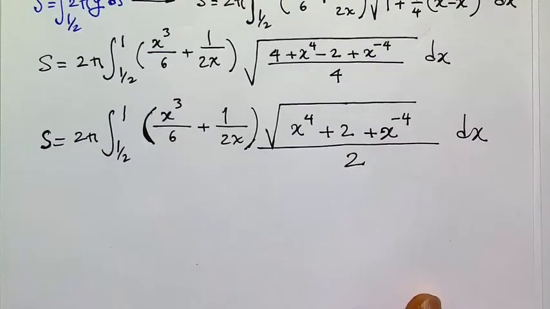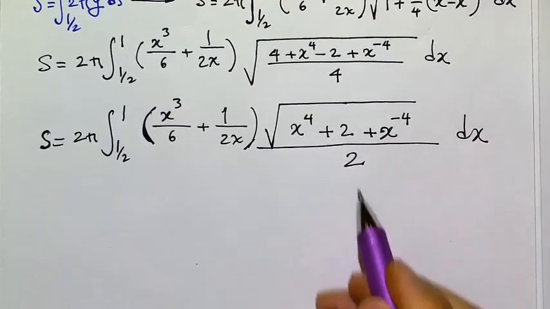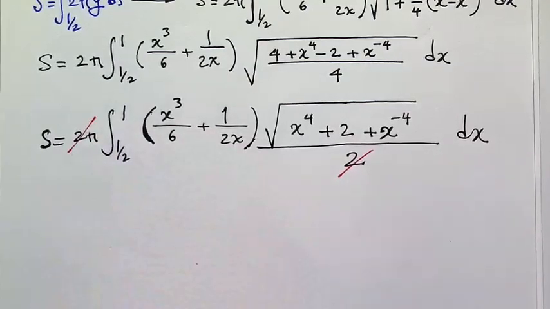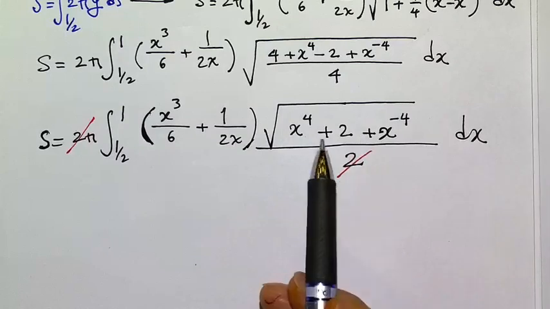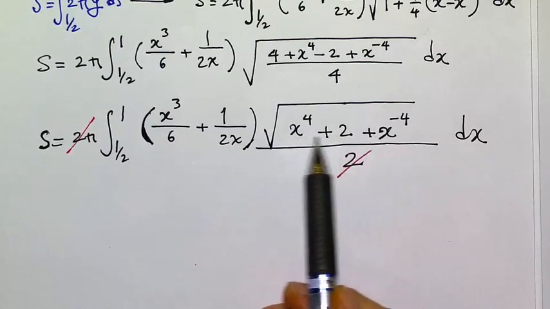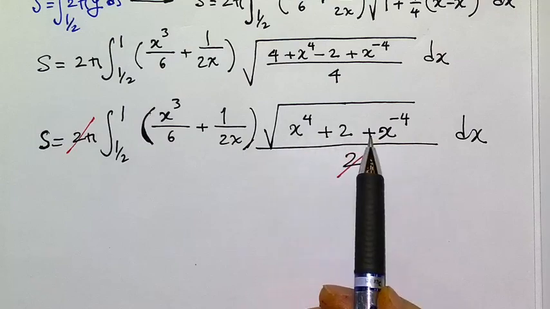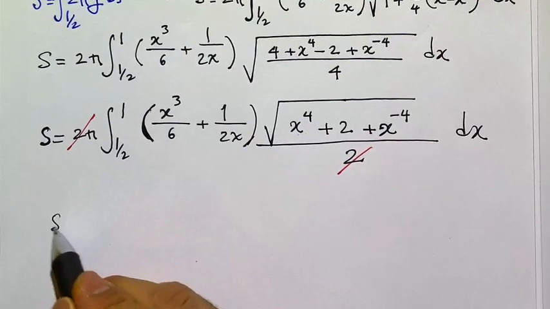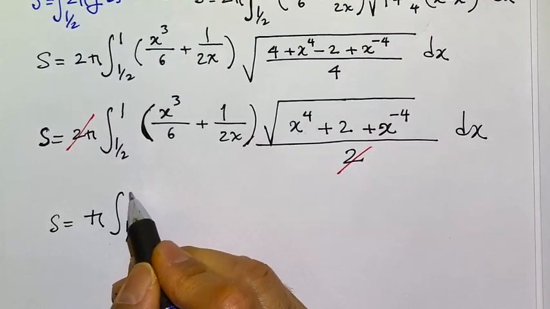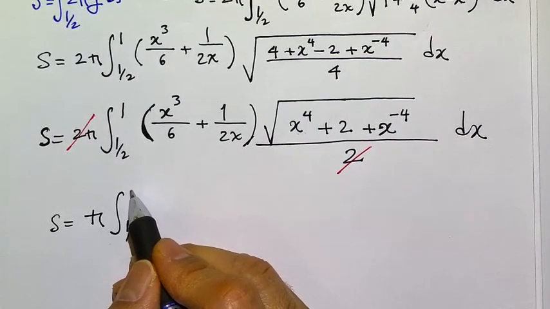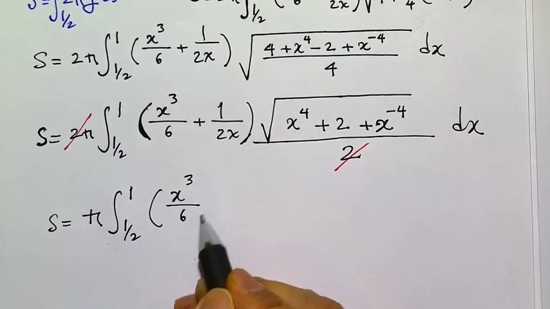All right. So now we can see that this 2 and this 2 cancel out. And once again, just like the previous example, if you take a careful look at the inside of this radical, we can write it as a perfect square. So let's do that. So s equals pi times integral from 1/2 to 1 of this quantity.